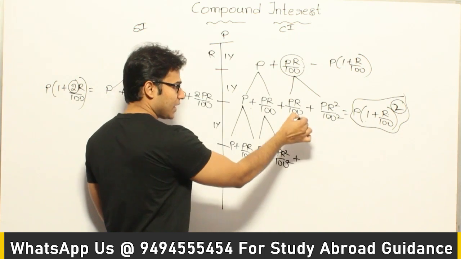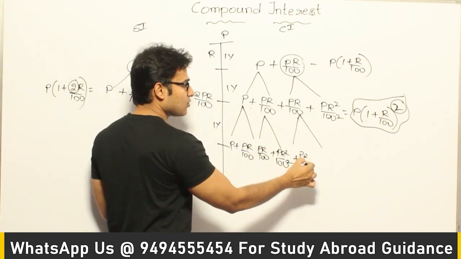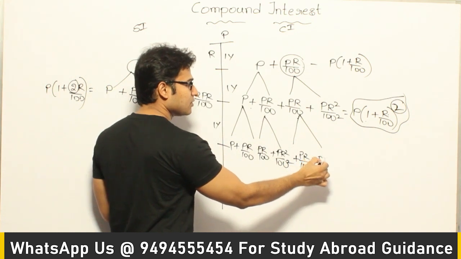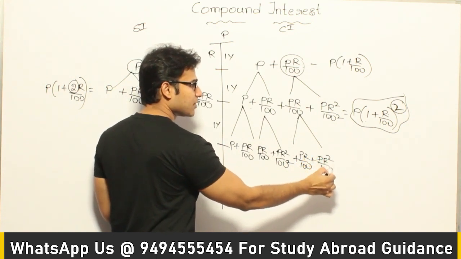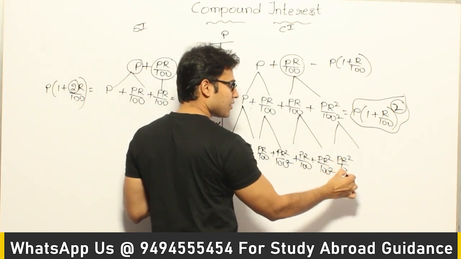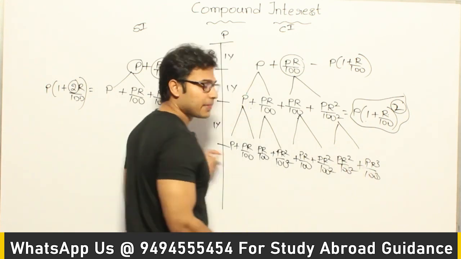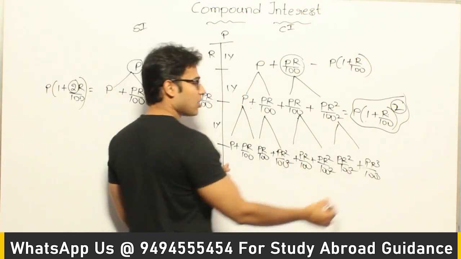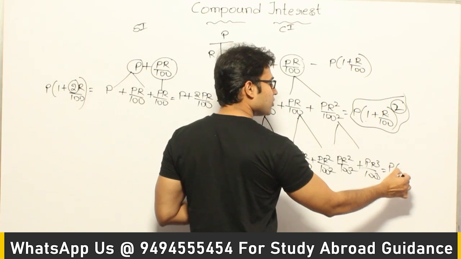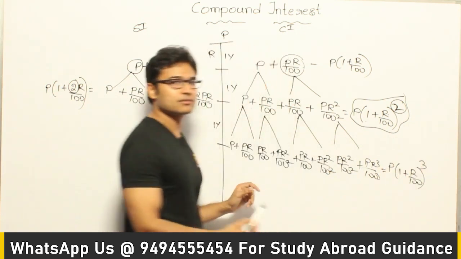Now again this amount is going to be invested, which means it is going to give you P into R by 100 plus P into R square by 100 square. What about this? It is also going to give you P into R square by 100 square plus P into R cube by 100 cube. Now if you pull out P as common and add all of them, you will get that it is equal to P into 1 plus R by 100 whole cube.